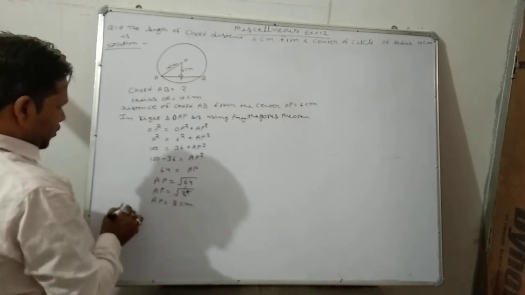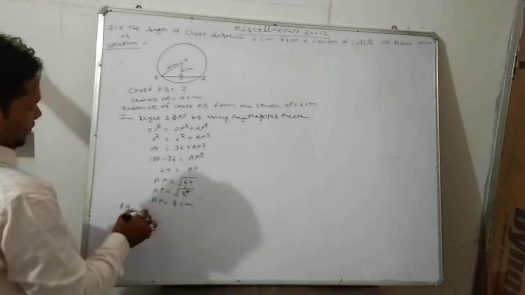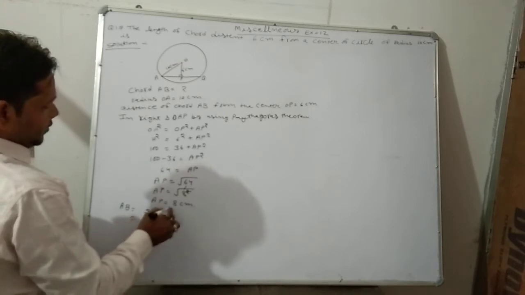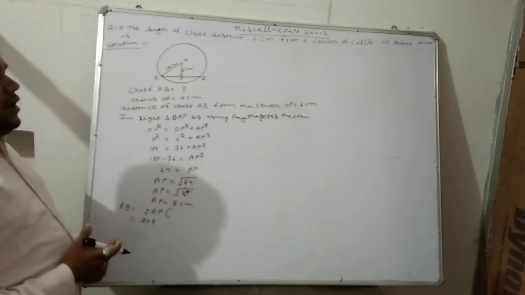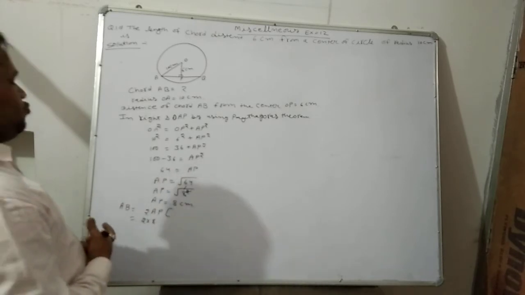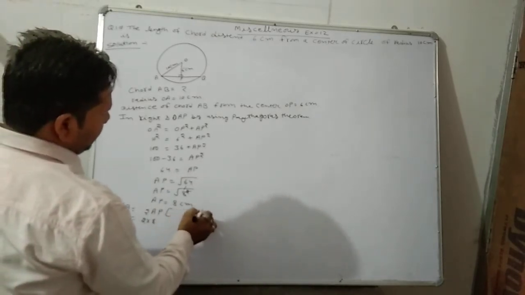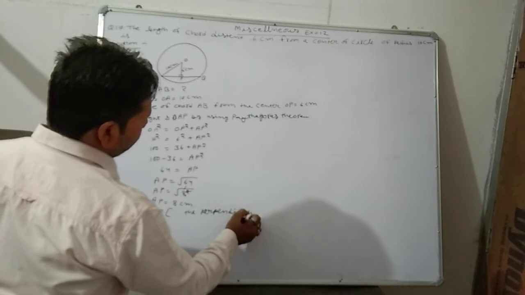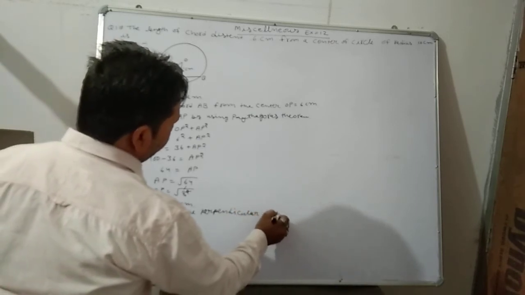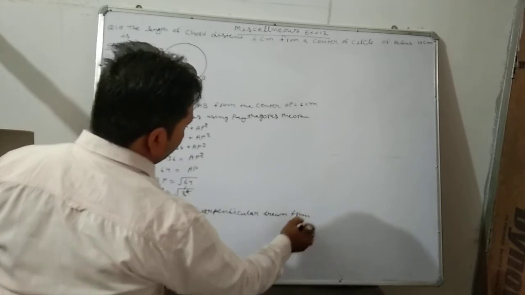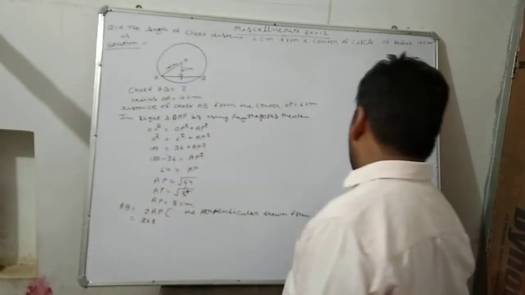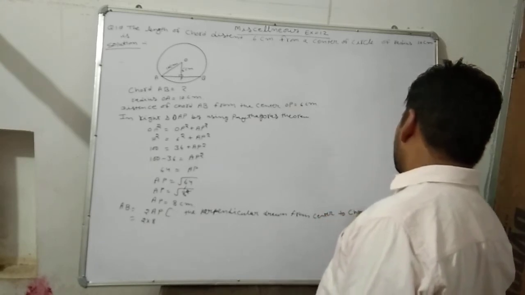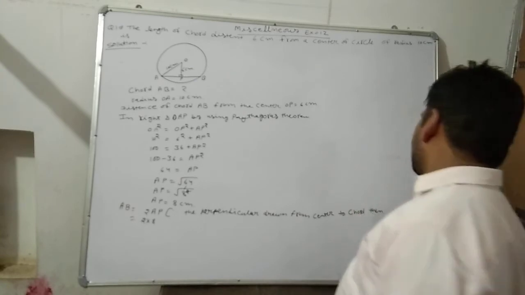So AB is twice of AP, 2 AP, because we know that the perpendicular drawn from the center to the chord bisects the chord.